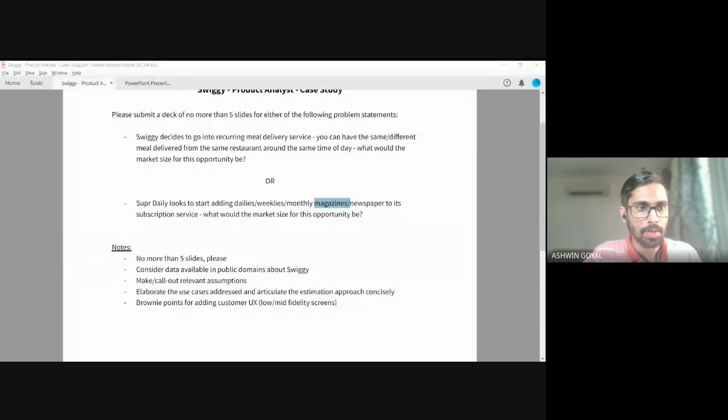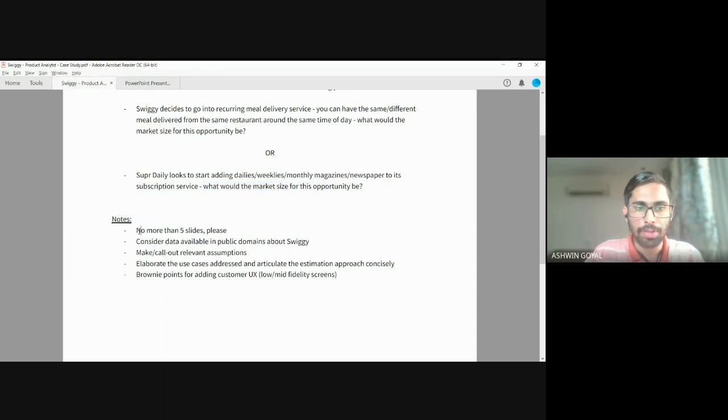Super Daily was looking to add dailies, weeklies, or monthly magazines or newspapers to the subscription service. So they wanted me to understand and identify what would be the market size for this opportunity.